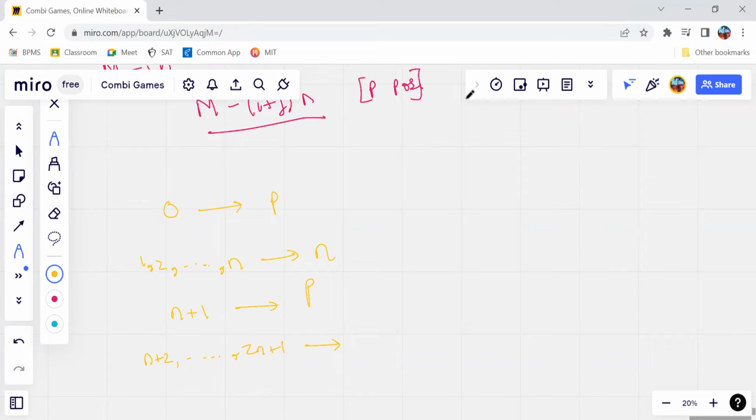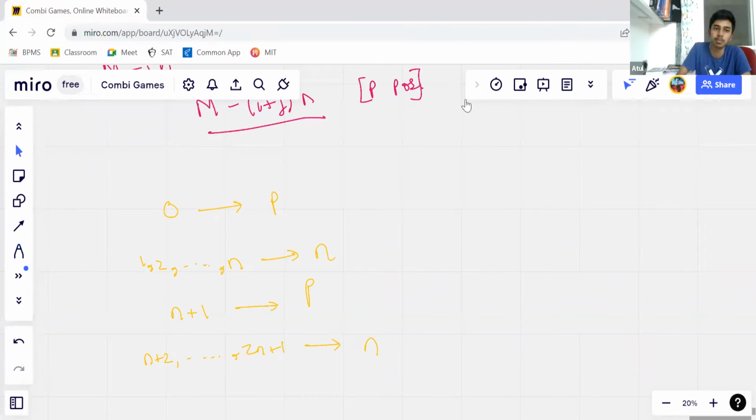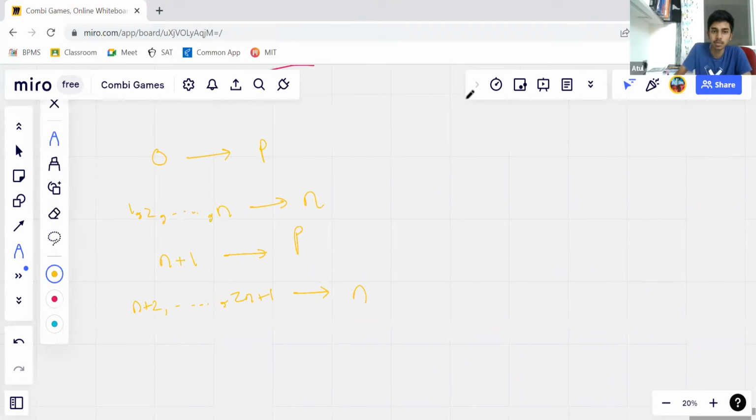They are N positions, because the player can go to n plus 1, since you can reach n plus 1 from these. And so this means 2 times n plus 1 is a P position.